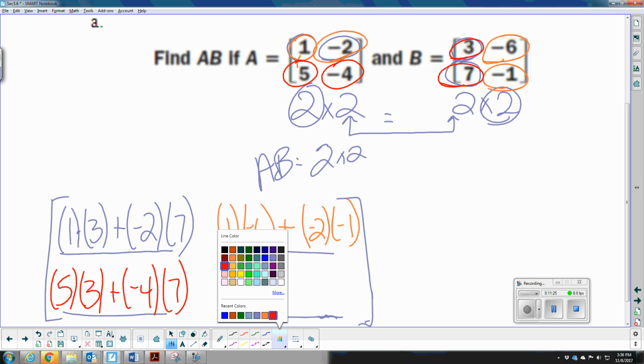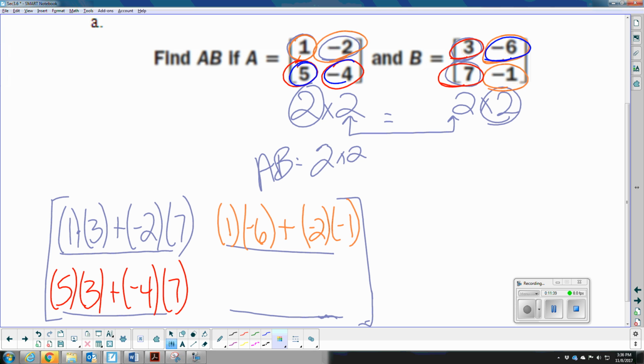And then lastly, I have 5 times negative 6 and negative 4 times negative 1.